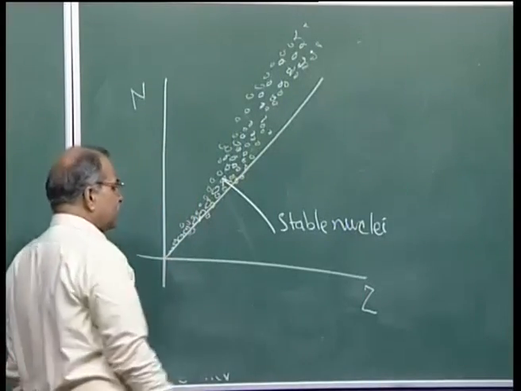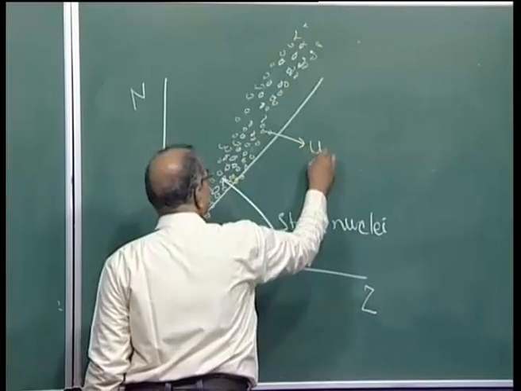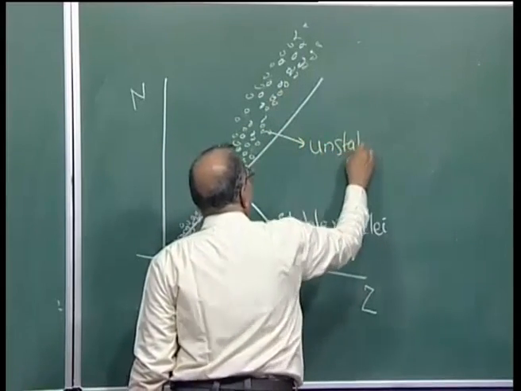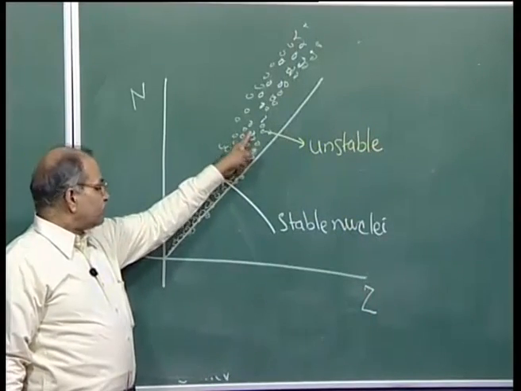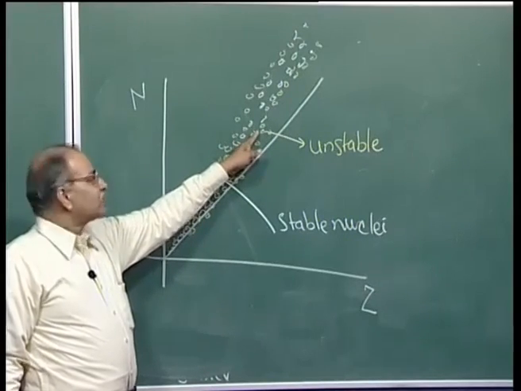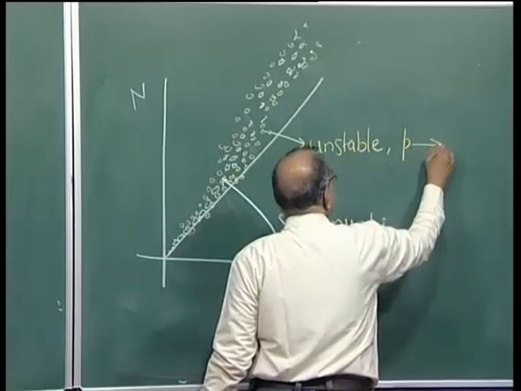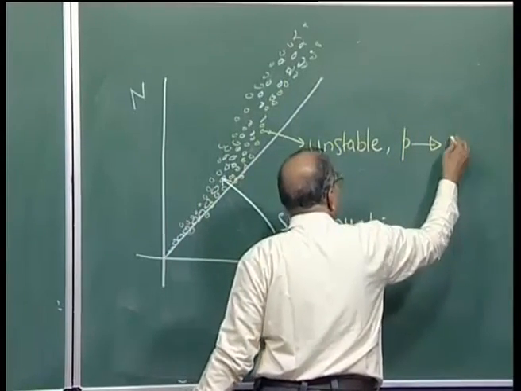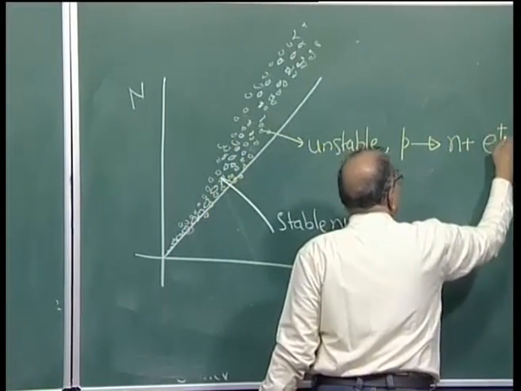So, these are unstable, this is unstable in the sense that you have more protons than required. So, this is unstable, one or more of the protons will change itself.